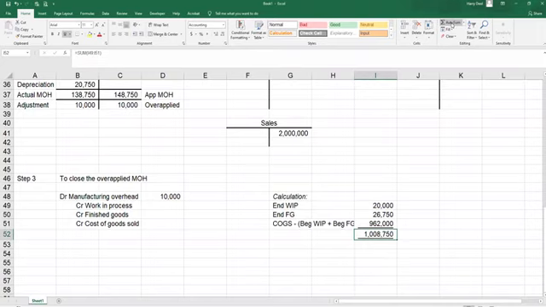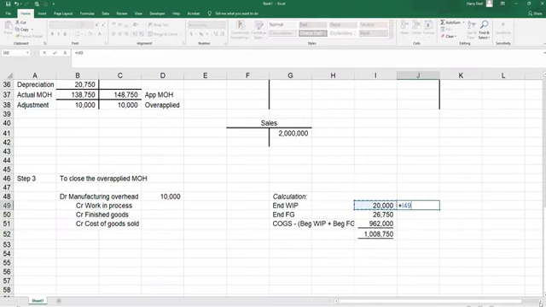$1,008,750. So how much should be allocated to work in process? You want to divide the ending work in process, 20,000, by the sum total of the three amounts that you just put together, 1,008,750. That fraction multiplied by the total amount of the over applied manufacturing overhead, $10,000, works out to $198.